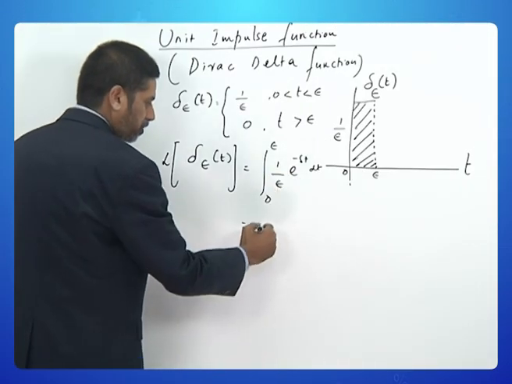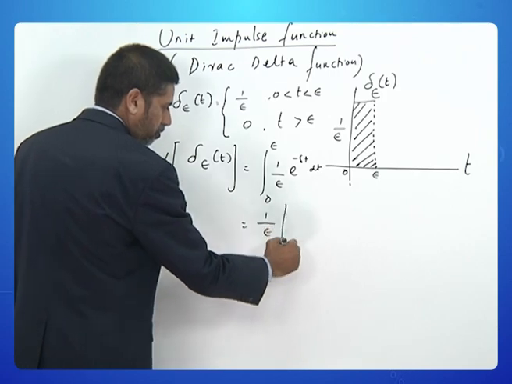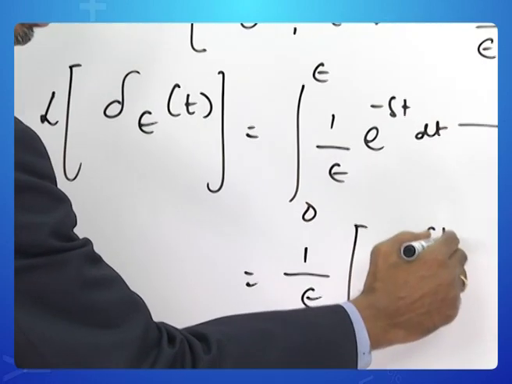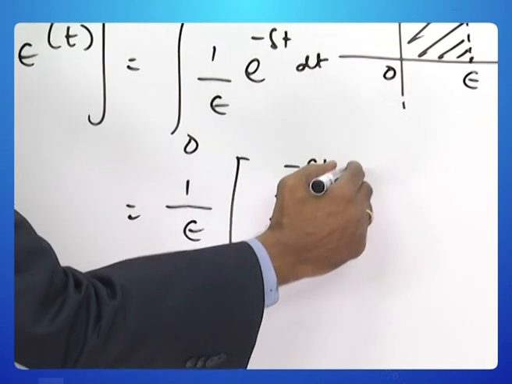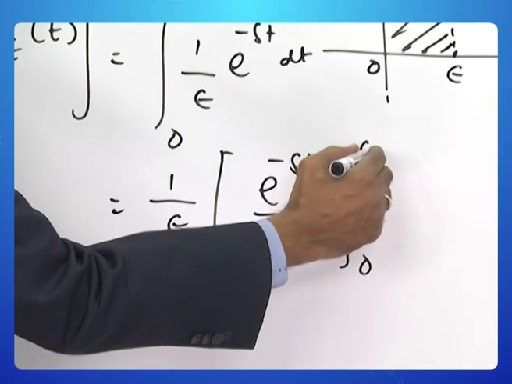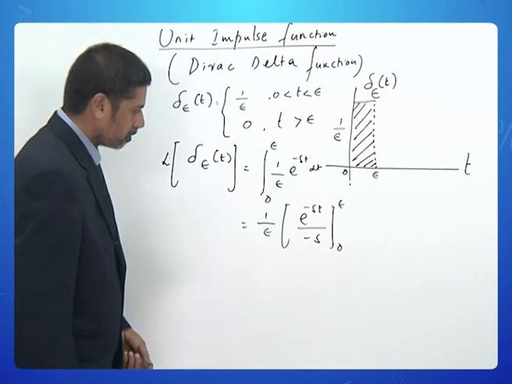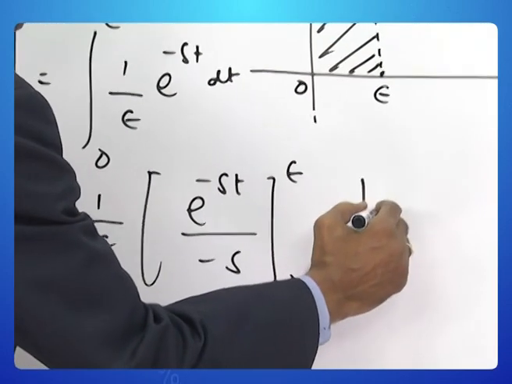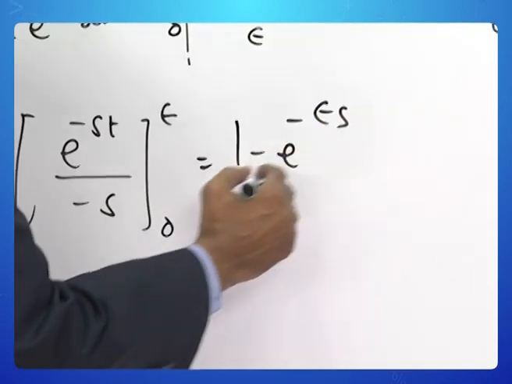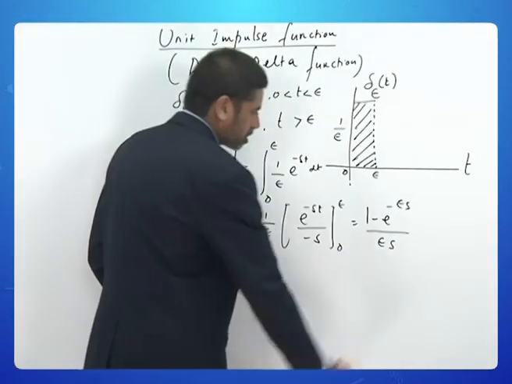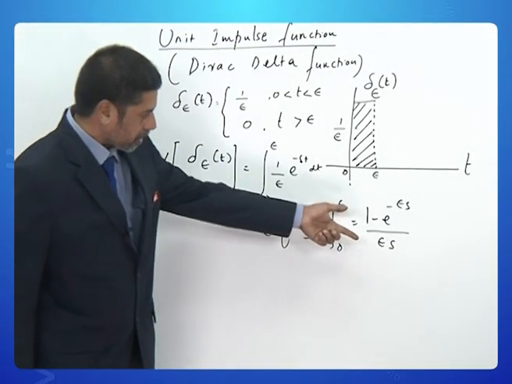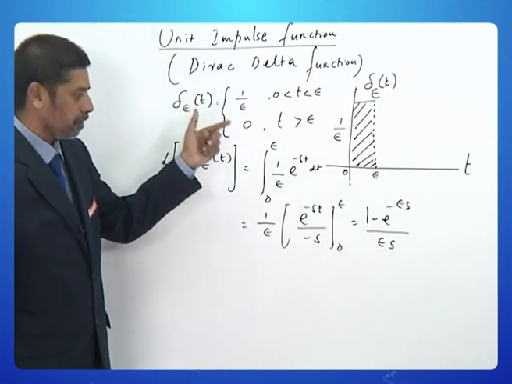So this is straightforward integration, e power minus st by minus s from 0 to epsilon. So what is it that you will get? You will get (1 minus e power minus epsilon s) by epsilon s. So this is the Laplace transform of the impulse function.